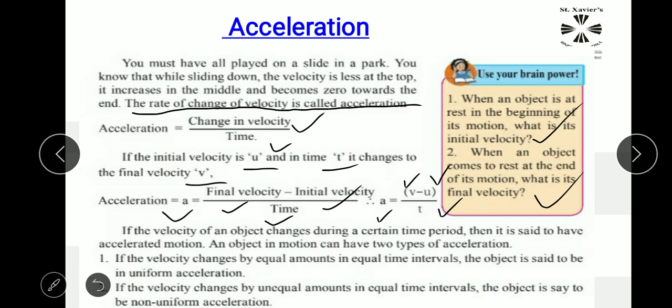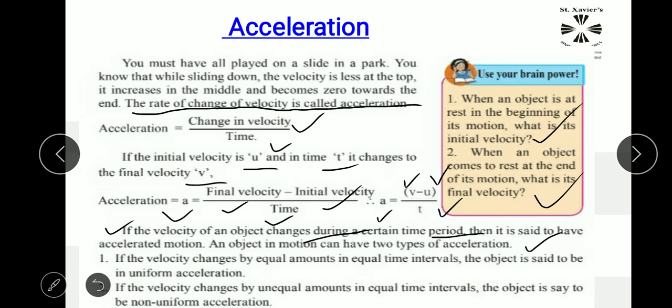So let us continue. If the velocity of an object changes during a certain time period, then it is said to have accelerated motion. An object in motion can have two types of acceleration, students.